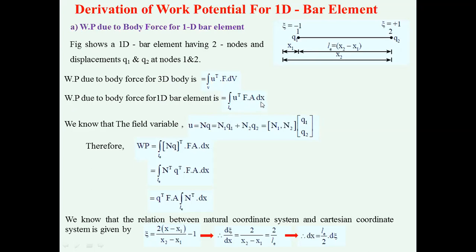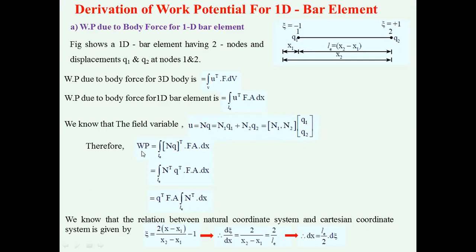Again, we know that the field variable u is given as N into q, which equals N1 q1 plus N2 q2 for two-noded bar element. In matrix form, it is represented as N1 comma N2 into q1 q2.